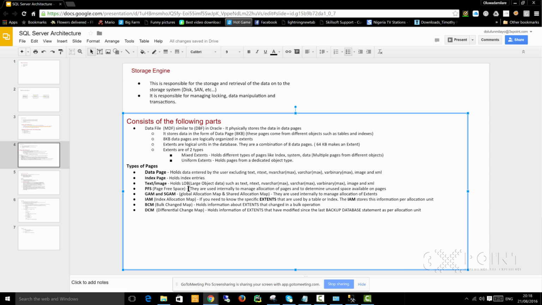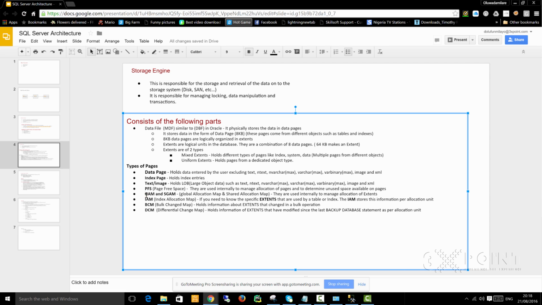There are several types of pages, one of which is the PFS that you've asked me about. It's used internally to manage the allocation of pages and to determine the unused spaces. Because think about it, if SQL Server wants to write data to a page, it needs to know the ones that are free, isn't it? So it goes into the PFS to get that information so that it knows where to write that data into the page.